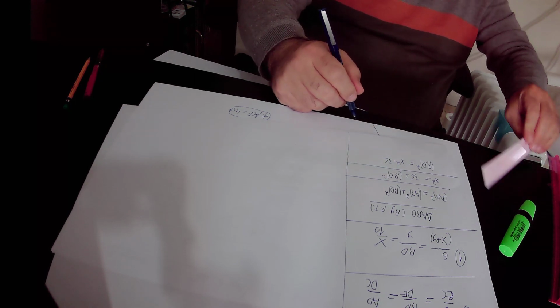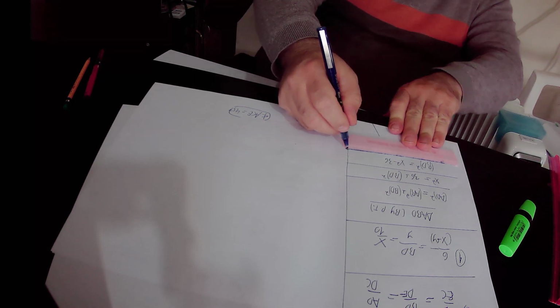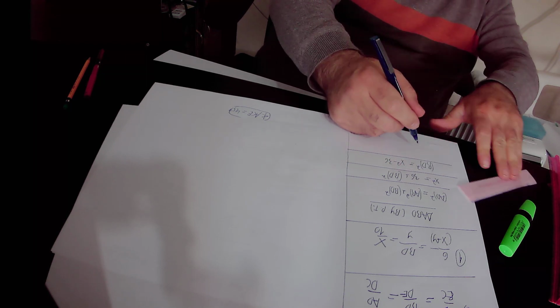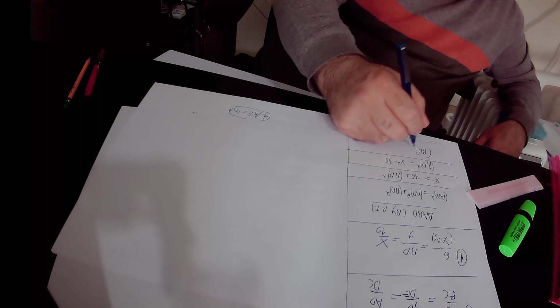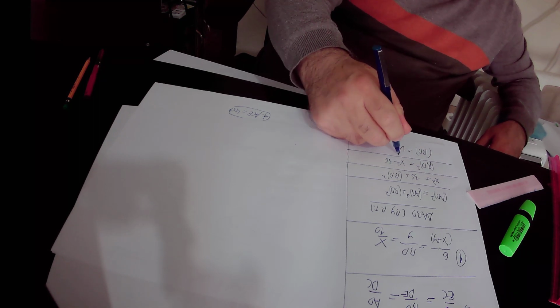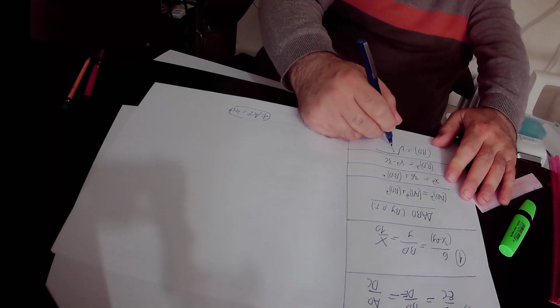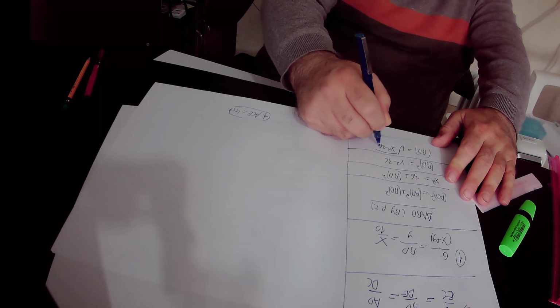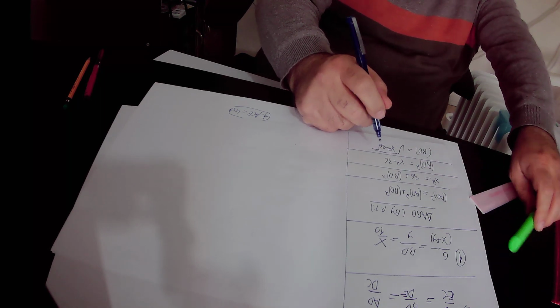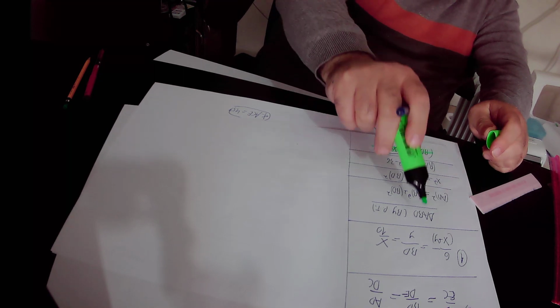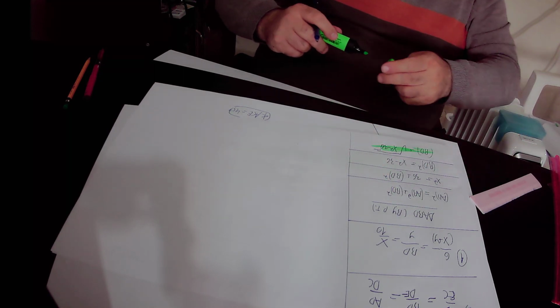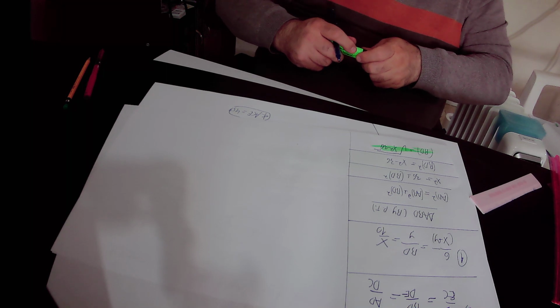Here we take a root of this equation, and we will get that BD is equal to the square root of x squared minus 36. Therefore, we can substitute BD in equation number 1 by the square root of x squared minus 36.